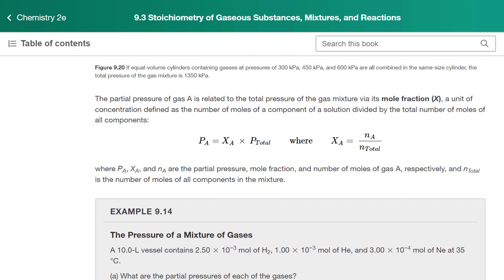Another way we could frame this is with the idea of a mole fraction. Instead of talking about the pressure, we talk about how many moles we have. So the mole fraction is directly related to the partial pressure. Mole fraction is moles of one component divided by the total number of moles.